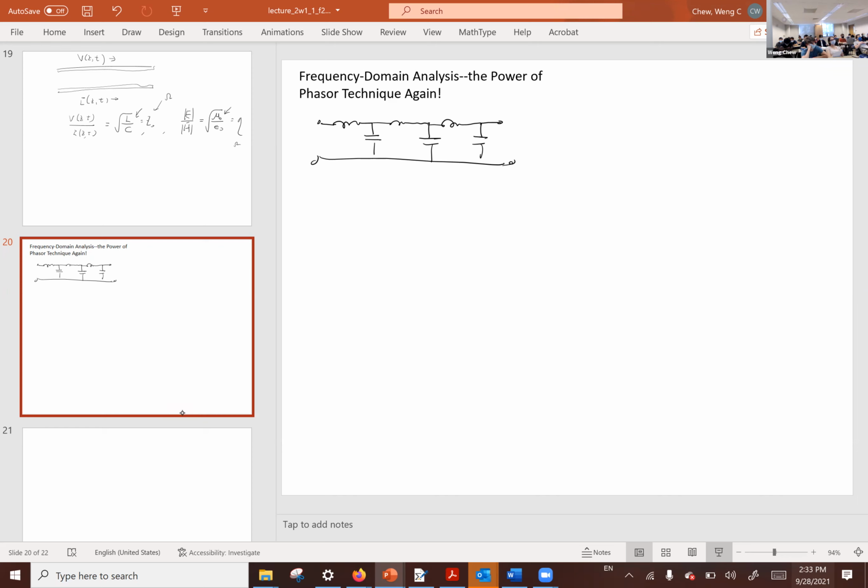The real world is not devoid of loss. We always have something that is lossy. When you connect two pieces of wire, that wire is not a perfect inductor. And when you put two pieces of wire together, it is not a pure capacitor.